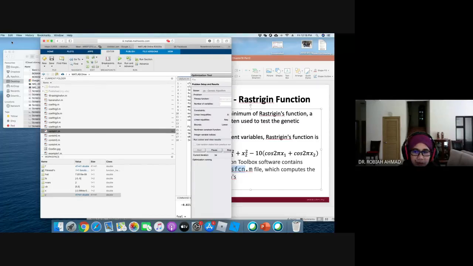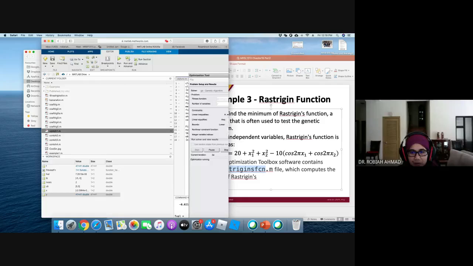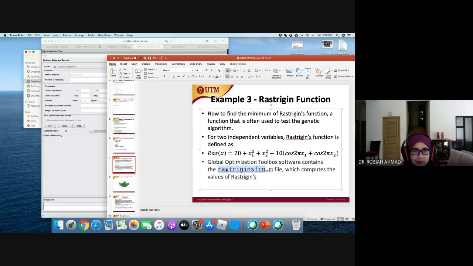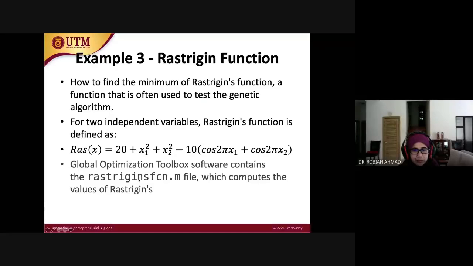Call that, because if you write the equation yourself, sometimes we miss the equation. So just get this function, call this function, Rastrigin's function.